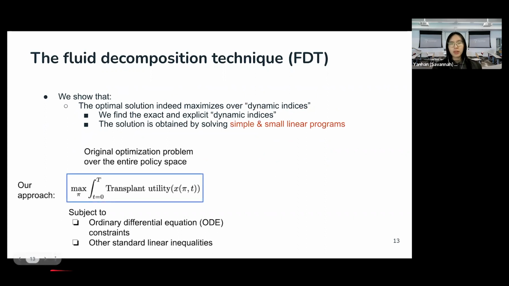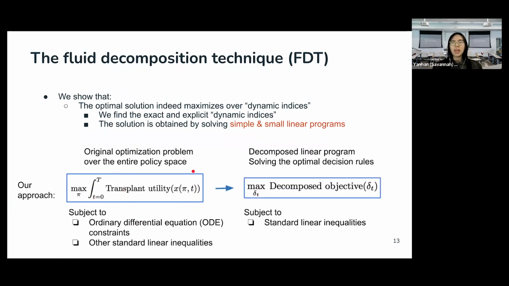And instead of directly solving the continuous time problem with ODE constraints and searching over the entire policy space, which is of infinite dimension, we can decompose the problem into finitely many linear programs. And we only need to solve these standard linear programs to find the optimal solution. This simplification allows us to further characterize and analyze the solution properties.